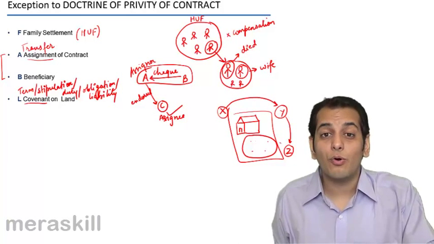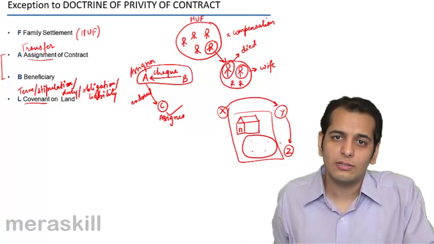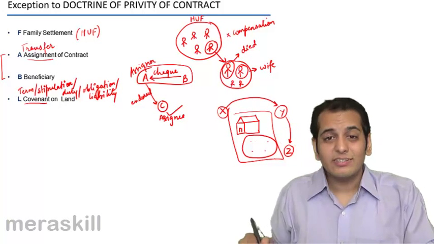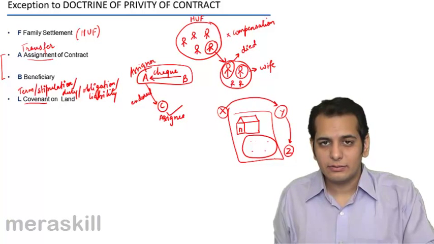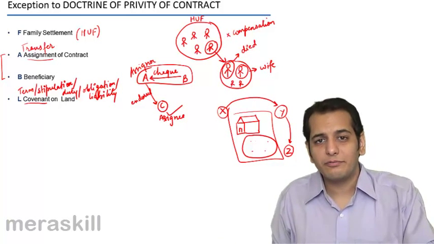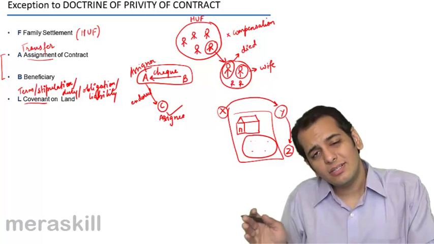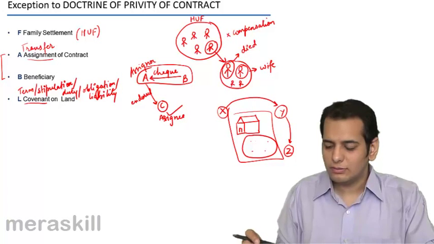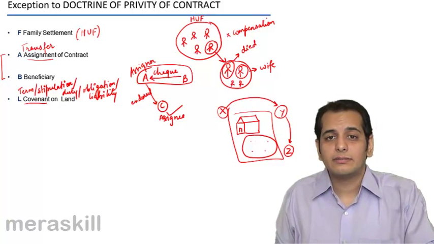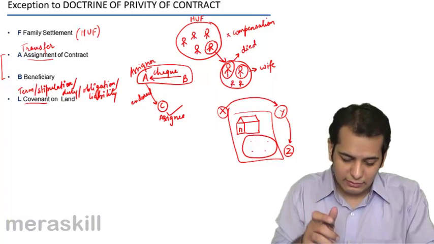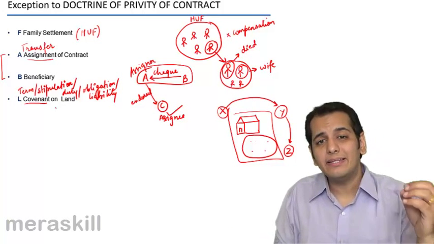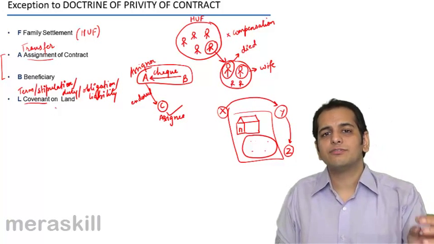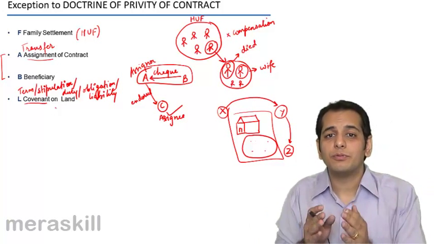Yes, X can also enforce this condition on Z. Even though X is an outside party, not a party to the contract between Y and Z, yet he can impose the condition on Z. This is because any covenants, any conditions, any terms or stipulations which are running with a land have to be followed.